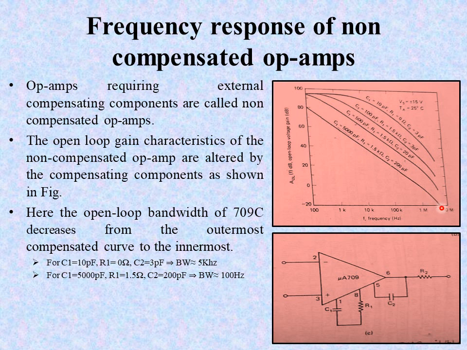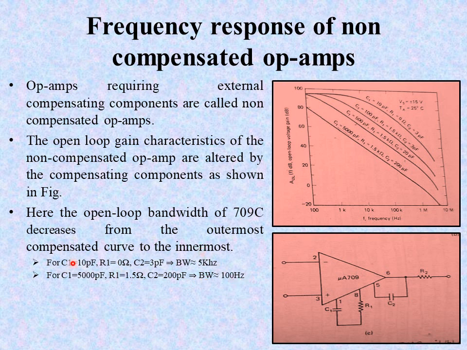By applying the values, we can see that when C1 is 10 picofarad, R1 is 0, and C2 is 3 picofarad, the bandwidth is 5 kilohertz. But when C1 is 5000 picofarad, R1 is 1.5 ohms and C2 is 200 picofarad, the bandwidth becomes only 100 hertz.